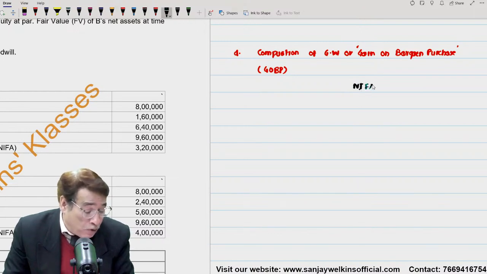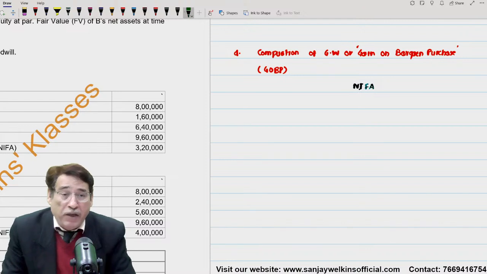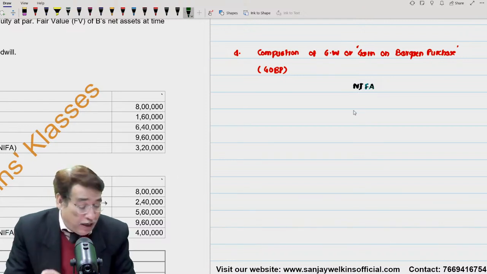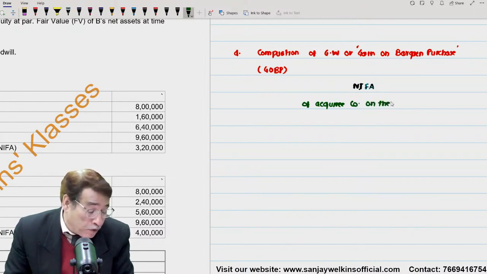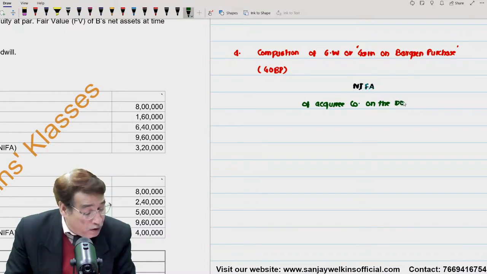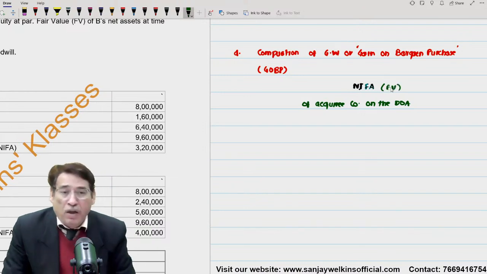Whenever I use the word NIFA, it means net identifiable assets of acquiring company on the date of acquisition. On the date of acquisition, of course, NIFA will always be considered at fair value. Is it clear to you?